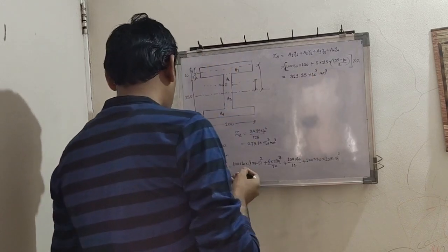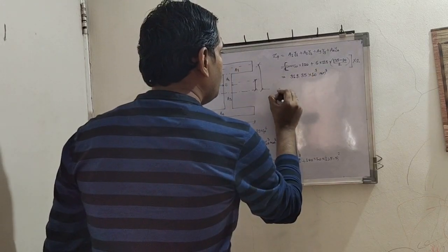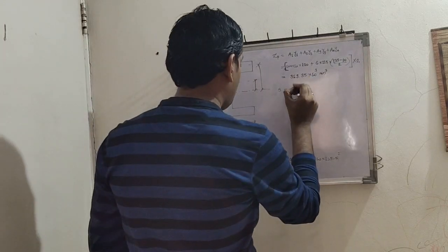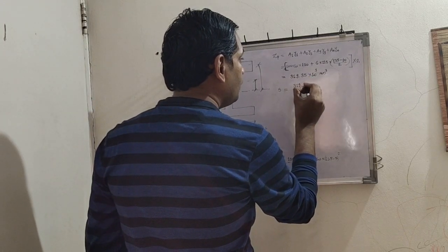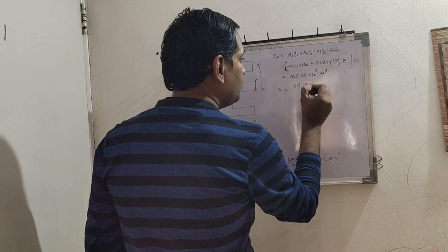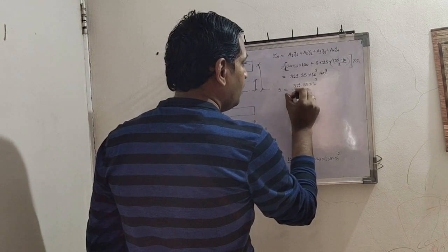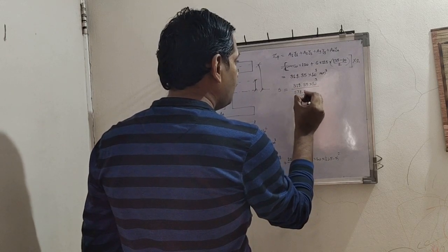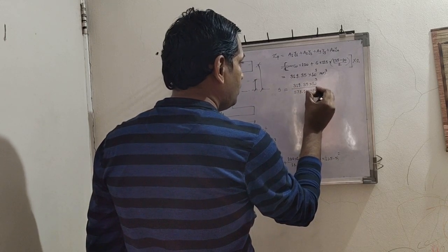Okay, so shape factor here will be ZP upon ZE. See what is ZP? 319.35 into 10 raised to 3 divided by 279.14 into 10 raised to 3.